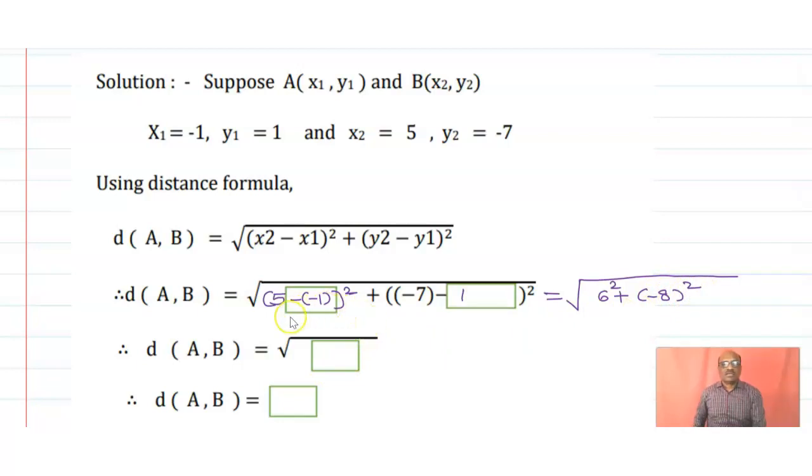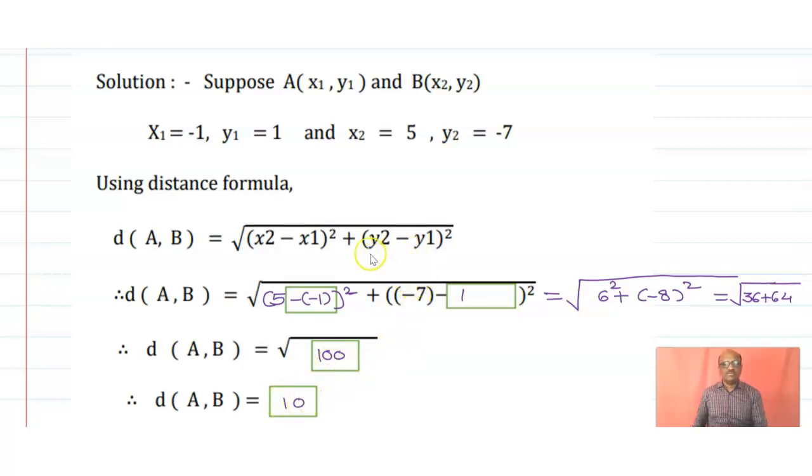Okay. 6 square means what? Here you will get, पुन्हा एक स्टेप आपल्याला इथे लिहायला पाहिजे. That is 6 square, here is 36 and 8 square is 64. And here we get the 100 and root of 100 is 10.